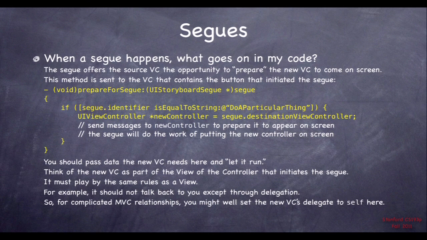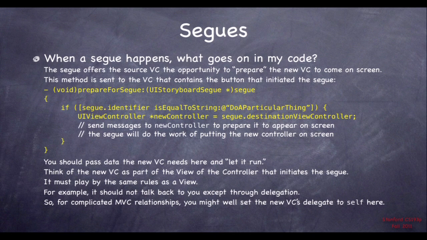Okay, this is a very, very important method, not just to understand that you need it to get your thing to work, but to understand how you implement it. Prepare for segue is sent to you so that this segue that's going to come on screen because of some action in yourself, whether it's going to be pushed on or it's a popover that's going to pop over you, however the segue is going to happen, you need to be able to prepare that view controller to come on screen.